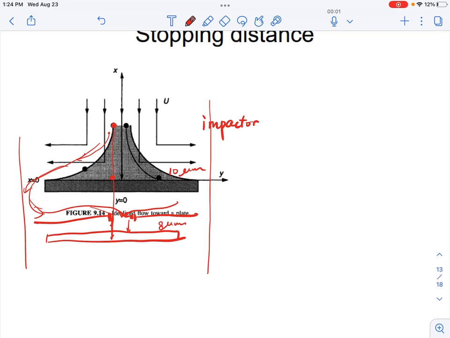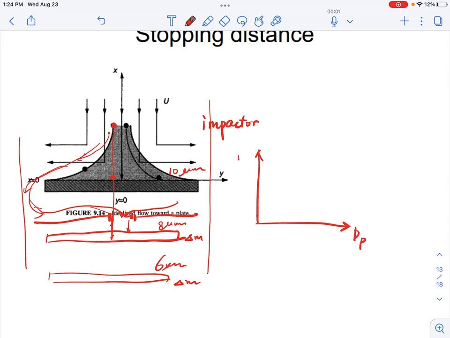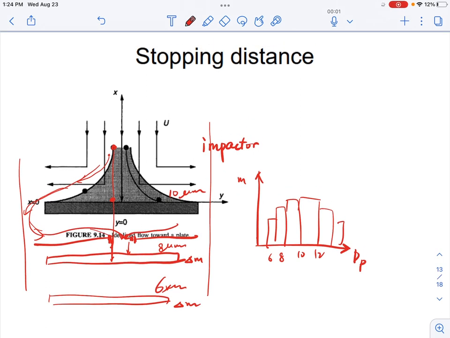For example, we can set this to be 8 micrometer, the next stage 6 micrometer, and so forth, then measure the mass collected at each stage and plot it: 6 to 8, 8 to 10, 10 to 12, and so on. Then you get the particle mass-based size distribution. We call this device the Cascade Impactor.